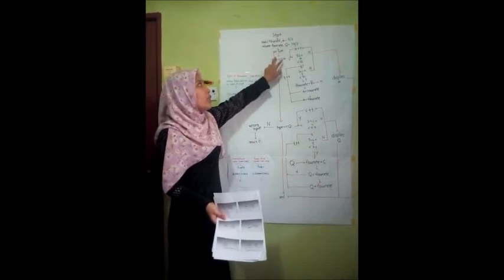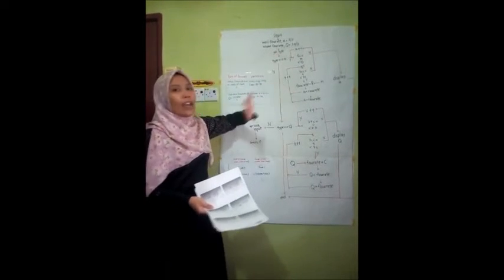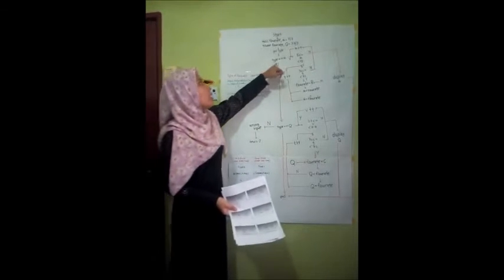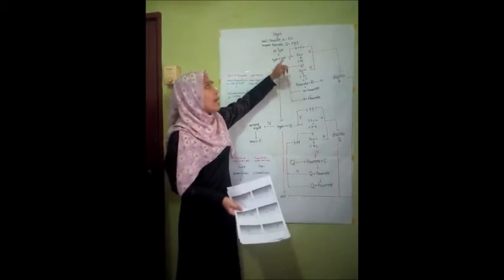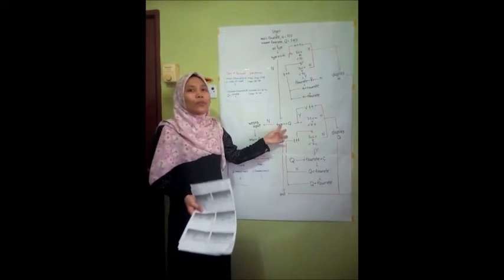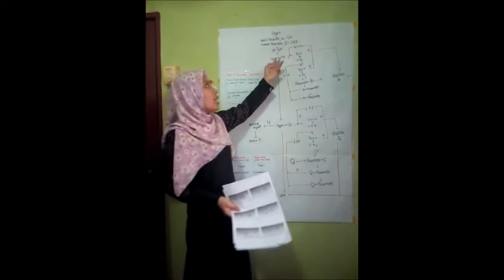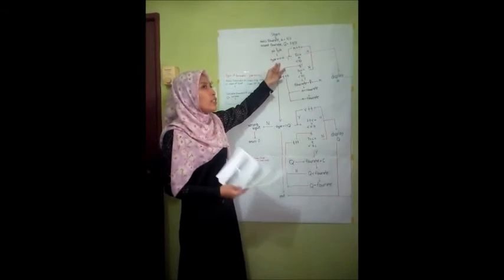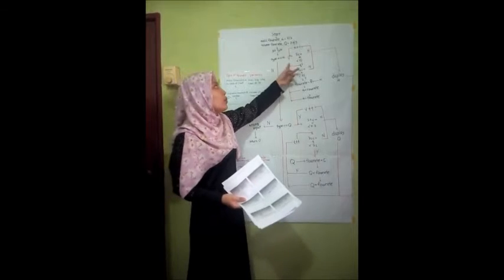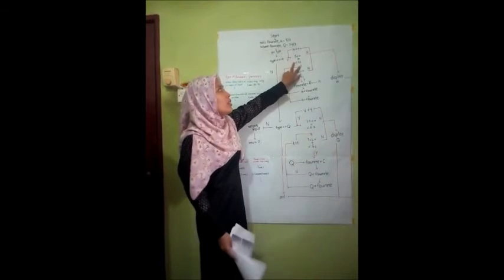Then the user will put the input, which is the type the user wants to get. In this flowchart, I have 2 types, which is type M dot, where M dot is the mass flow rate, and then type Q. Type Q is the volume flow rate. If the user types M dot, the program will go to find the range of mass.